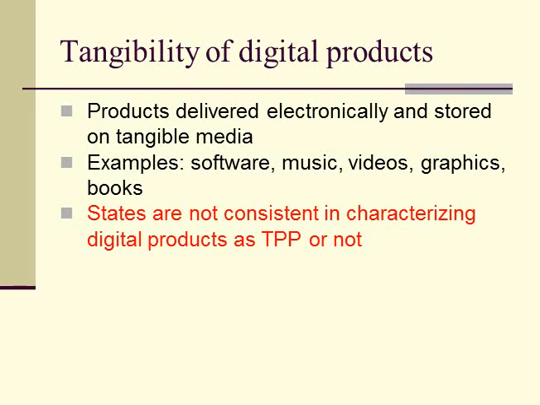States have not come to universal agreement as to whether digital products are tangible personal property. Some states tax electronically delivered software while others do not. Some states make no provision at all for other digital products.